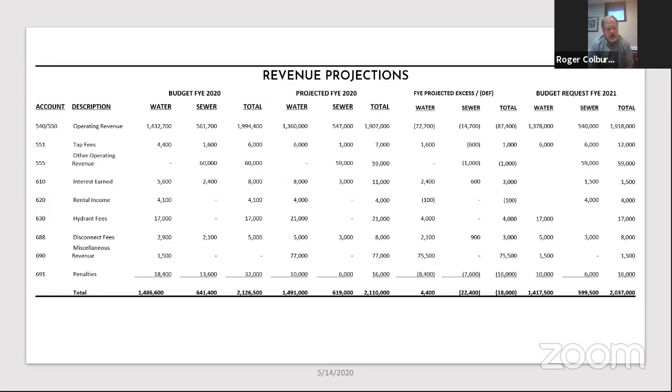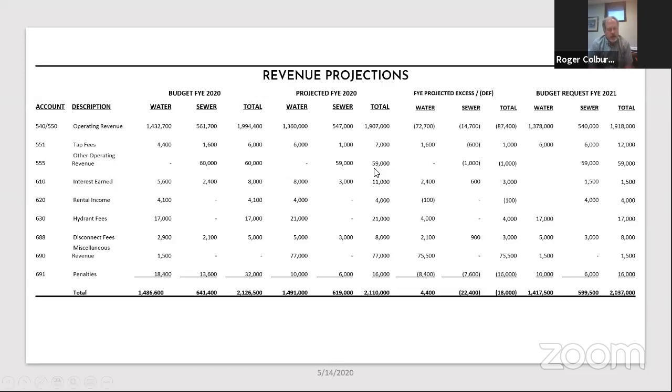And the next thing that we look at is, through the progression of the year, what the operating results are. So we've got operating results documented through April, and we took those and used those to project how we think we're going to end up the year. And that's the column heading titled Projected for the Year Ending 2020.